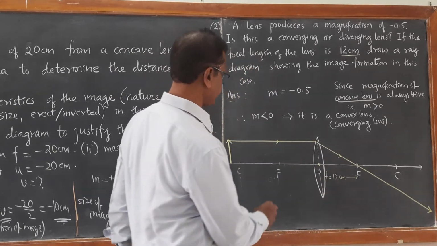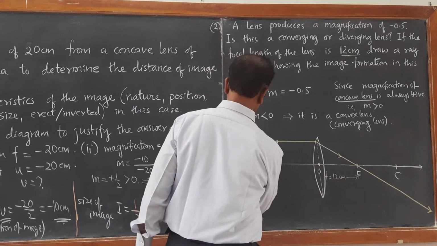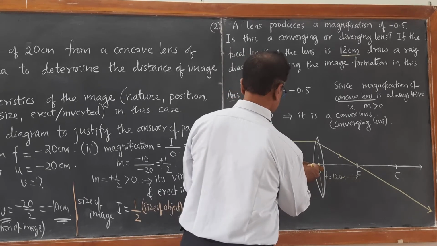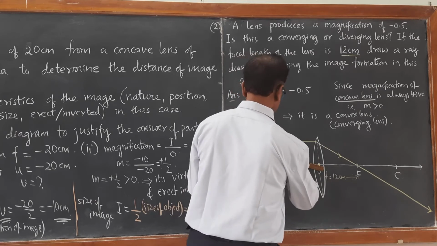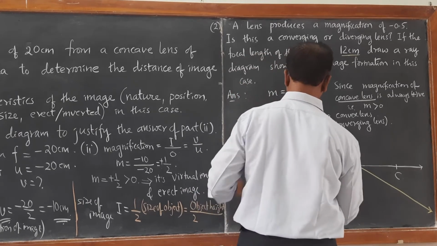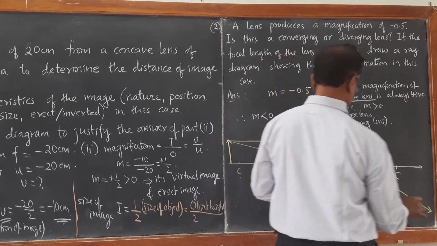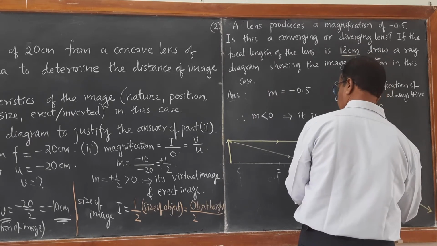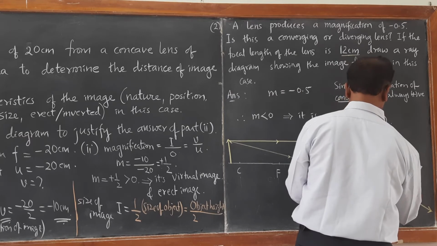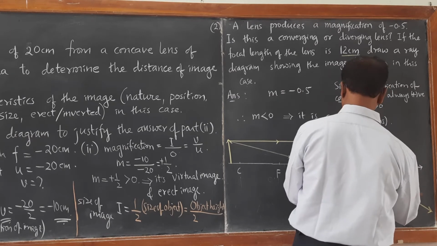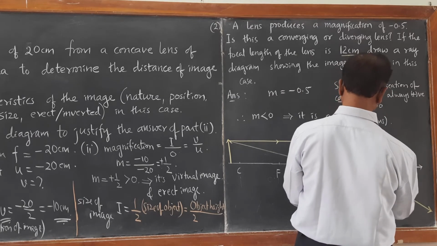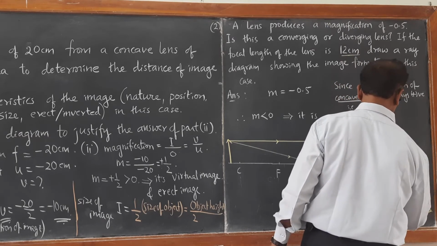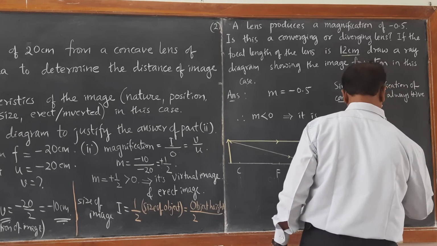It goes undeviated as we have studied. It goes undeviated and image will be formed between C and F. Image will be formed between C and F.